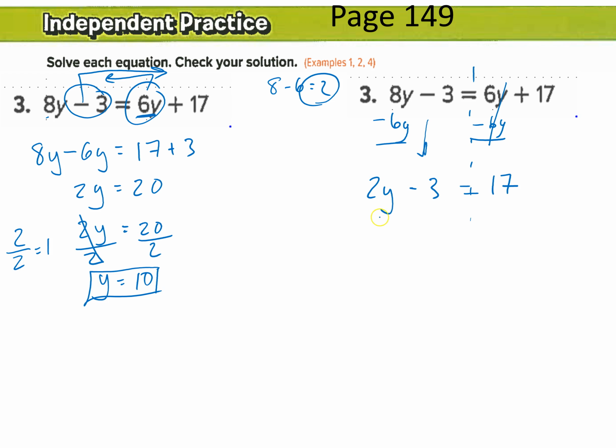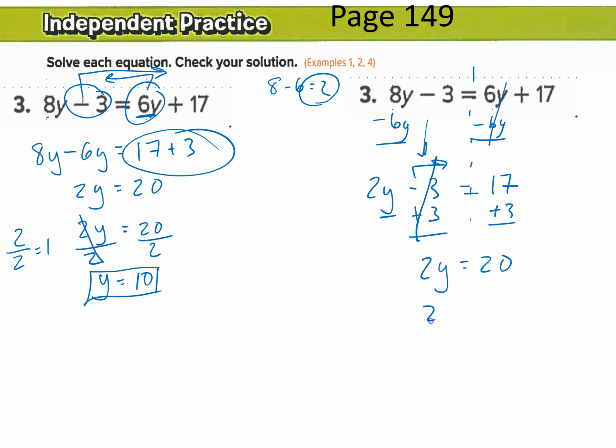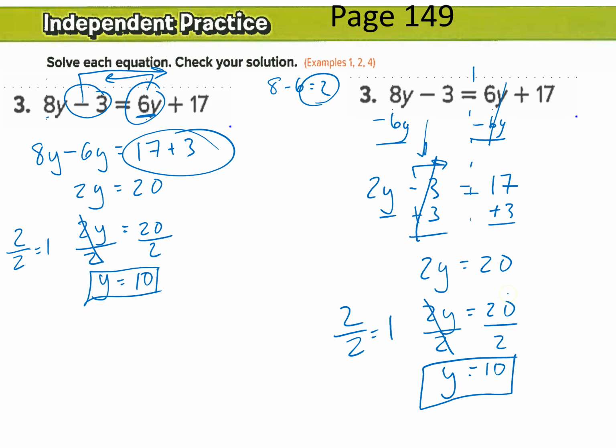Now that I have my y's over here, I want to get this over there, so I'm going to add 3 to both sides. It's pretty much the same thing I did over here. That goes away because that's 0. 2 times y is 20. The inverse would be to divide by 2, because 2 divided by 2 is 1. That goes away. y equals 10. Same answer.